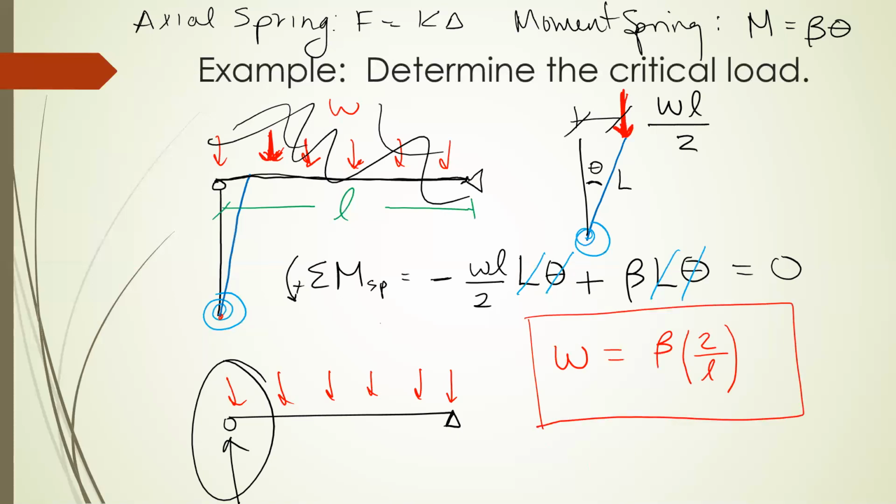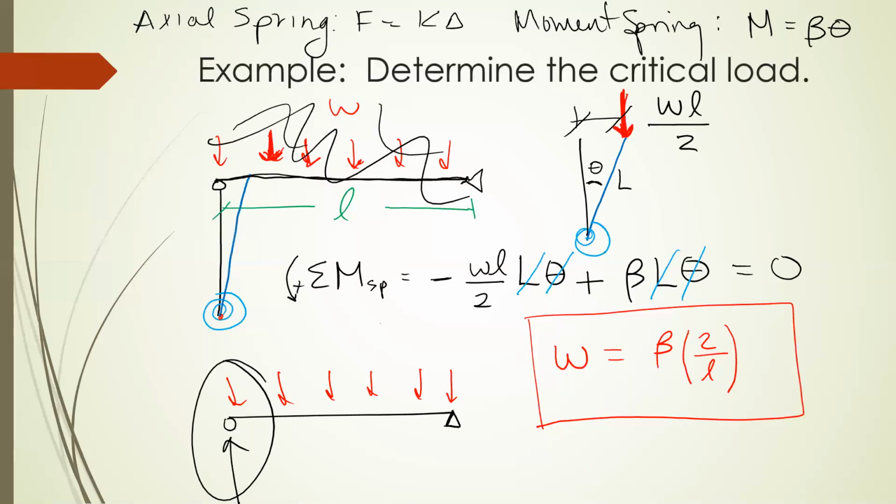So the shorter that beam is, the more load I can put on it. It kind of makes sense, right? And it's of course going to be a function of that spring constant. Okay, I have one for you to try. Before you do that, any questions about this?